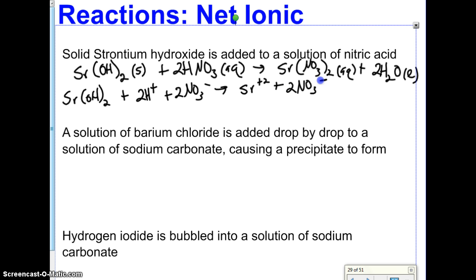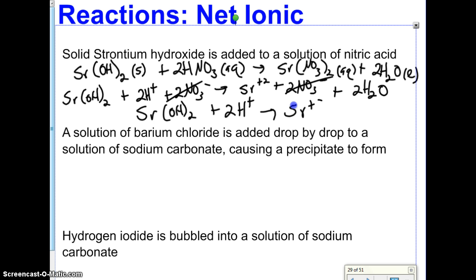Notice I pull up the 2, I'm not leaving it behind, plus 2 H2O. The only things that cancel out here are the nitrates. Nothing else can cancel out. So my net ionic equation is just Sr(OH)2 plus 2H+, forming Sr 2+ plus 2H2O.